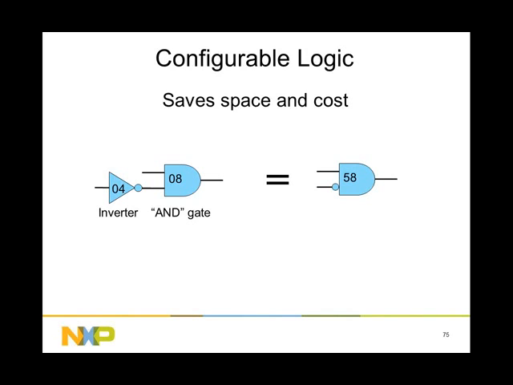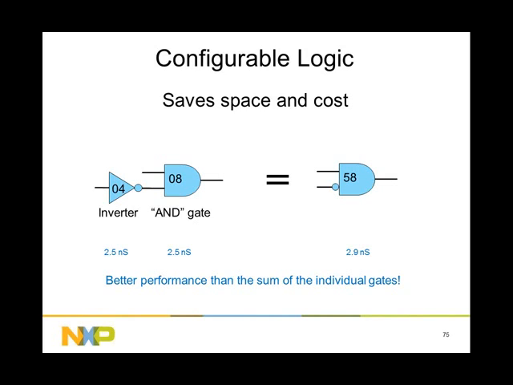The other benefit of the configurable logic is that you get an improvement in speed performance. Typically, the prop delay through the buffer is 2.5 nanoseconds, and the prop delay through the AND gate is also about 2.5 nanoseconds, for a combined prop delay of 5 nanoseconds. However, in the 58 function, the combined prop delay is only 2.9 nanoseconds.